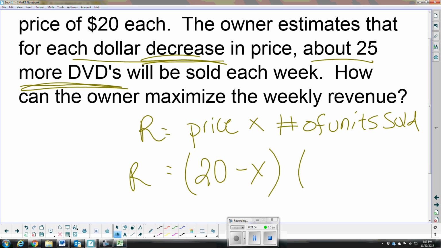Now, the number of units sold starts at 150, and we're going to sell more every time we decrease our price. We're going to sell 25 more DVDs. So if we were to decrease $1, so our price would be $19, our number of units sold would be 150 plus 25 more, because every decrease in price sells 25 more DVDs.